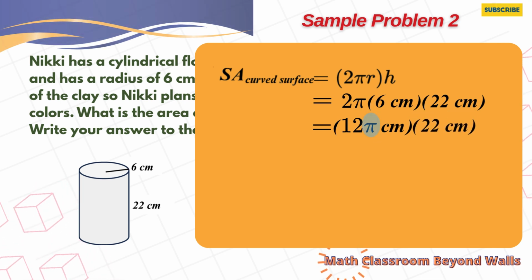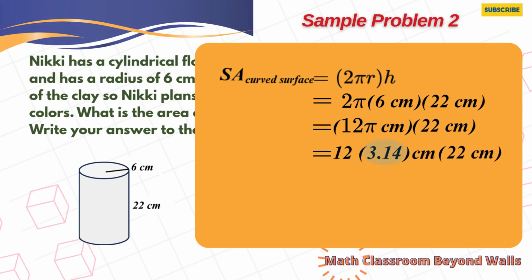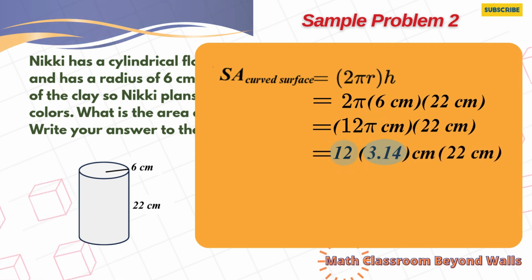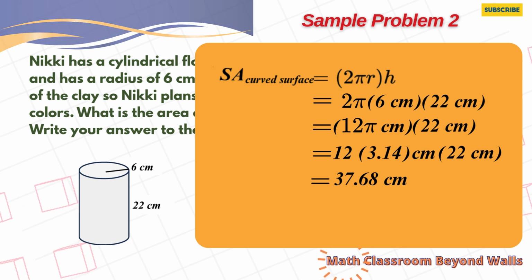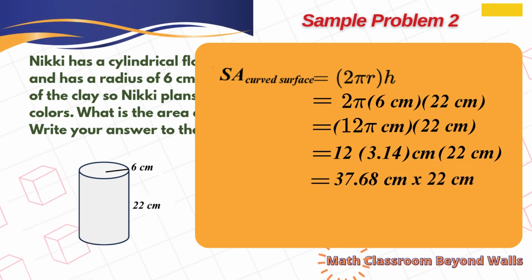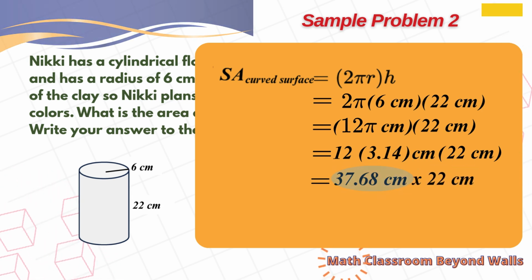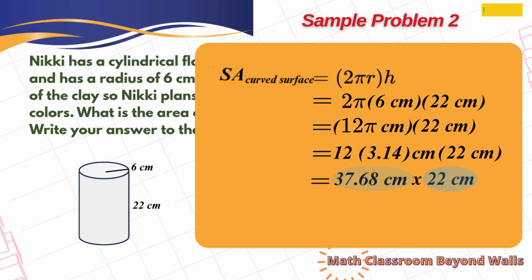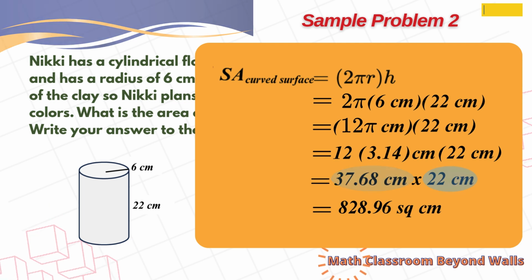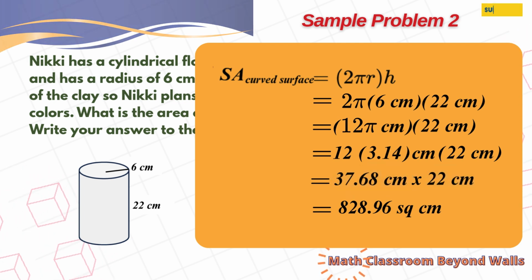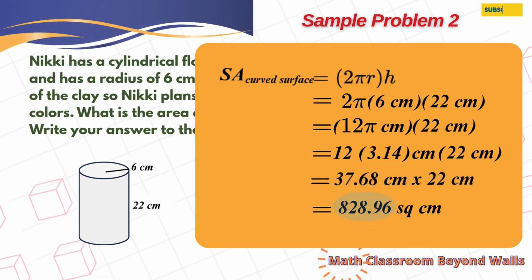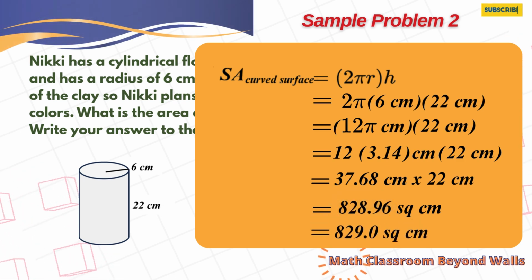Using 3.14 for the value of pi and multiplying it to 12 centimeters gives us 37.68 centimeters. Multiplying 37.68 centimeters and 22 centimeters gives us 828.96 square centimeters.